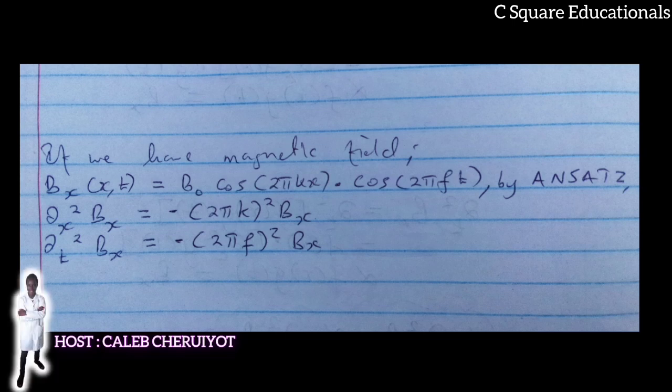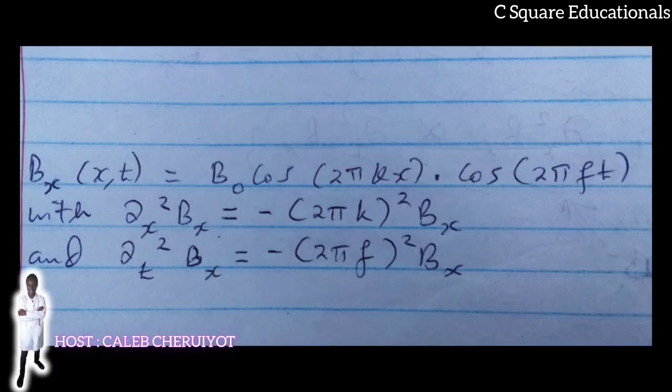But let's just check. Our guess Bx(x,t) is as shown with partial x squared Bx to be as shown. So it's okay. And so now we need to ask ourselves, does this obey the second order linear partial differential equation resulting from Maxwell's equations?